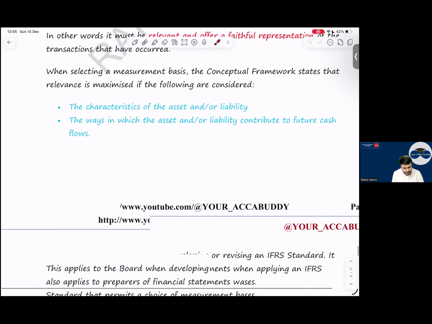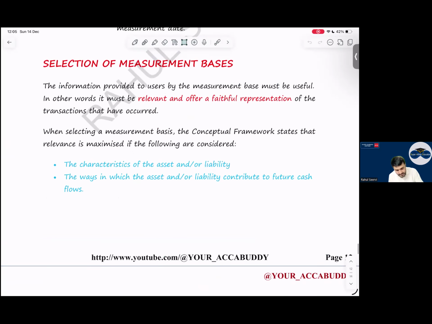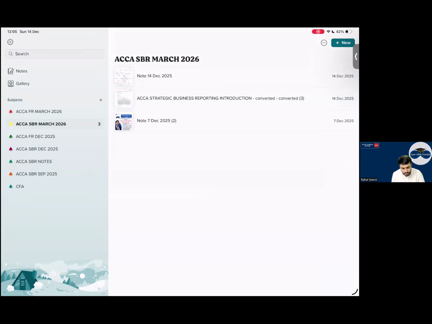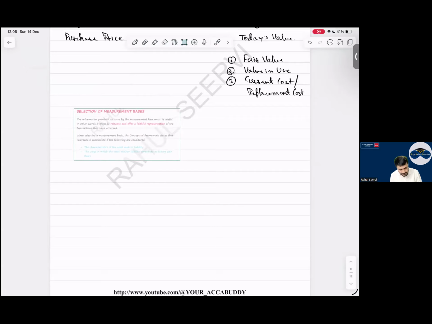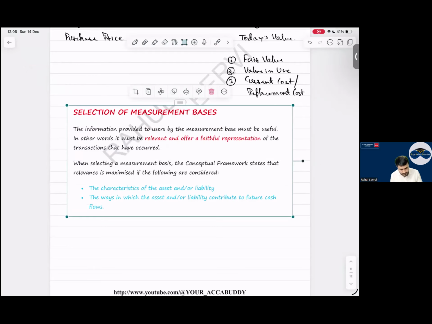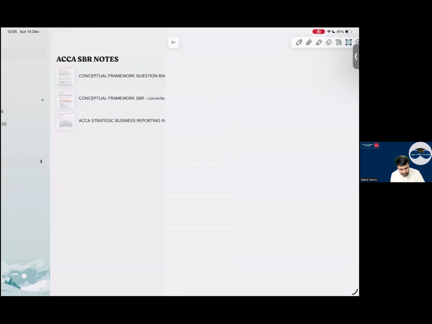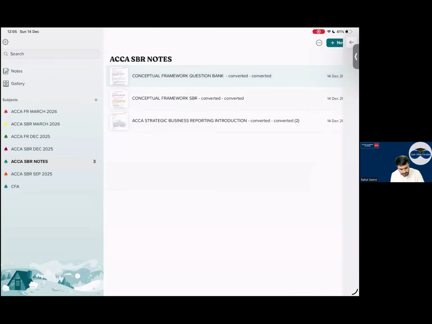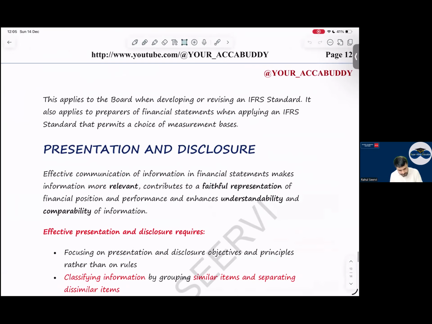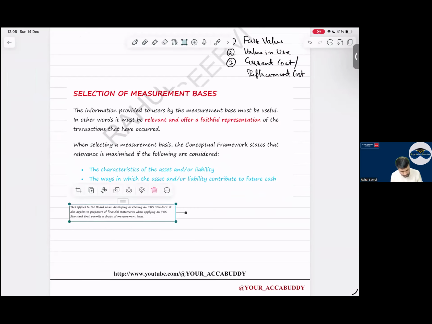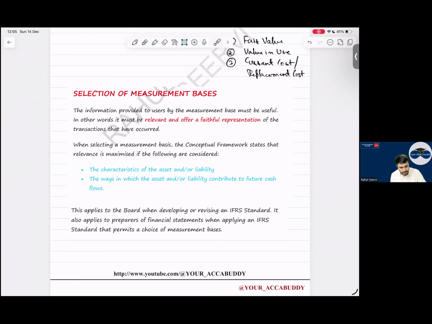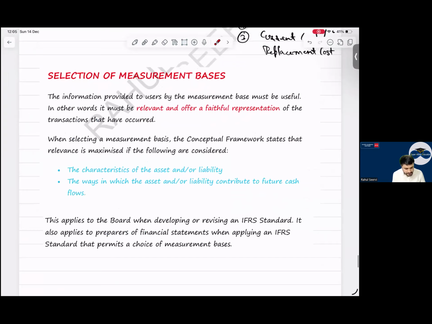Now coming to this one, this is important, which you have to understand. Selection of basis of this one. On what basis are you selecting the current cost? Now selection of measurement basis.